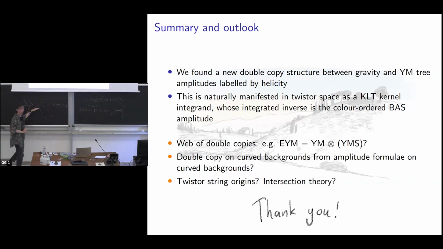So you need to choose this to get the right representation. We need to consider all orderings here. We can't restrict anything at the moment. It's basically you apply KLT to both sides and then you get gravity. But I don't want to bore everyone. So maybe we could talk about it.